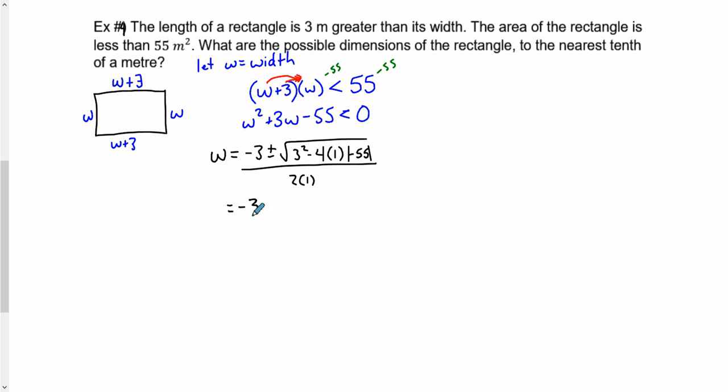So we'd have -3, adding and subtracting, the square root of... let's see, 3 squared is 9. We can all type that into our calculator. So that'll be 9 subtracting 4 times 1 times -55. Please make sure you can type that into your calculator and you get 229.